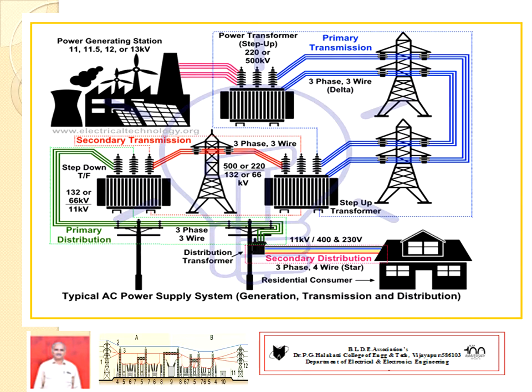And for big consumers, the voltage is distributed directly, for those who have their own switchgear or substations. For industries demanding large capacity, power is given directly.